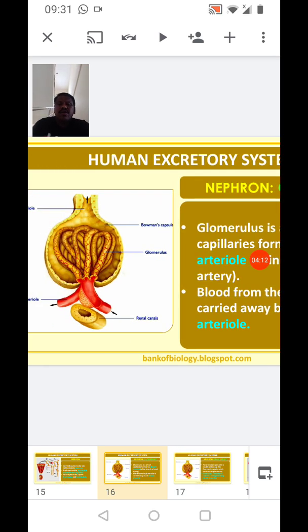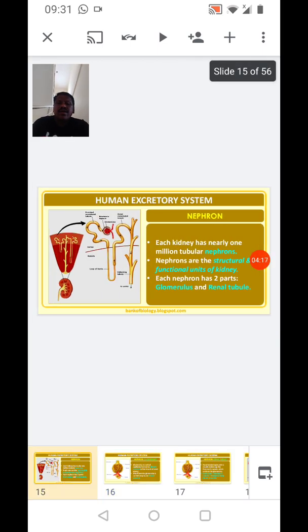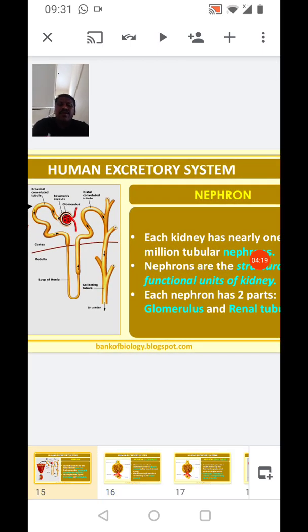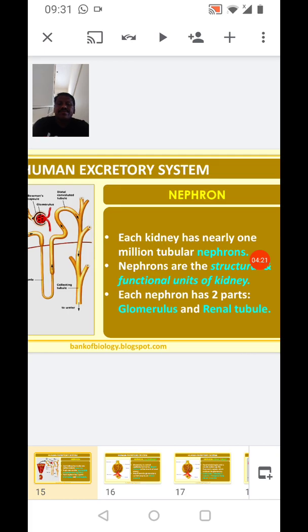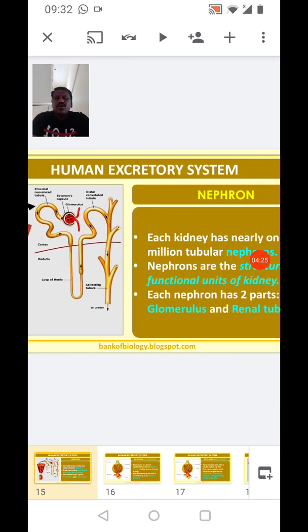Am I saying anything wrong? Here we will go back to the first slide. Actually, each nephron has two parts, as I told you. The first part is renal capsule, okay, not glomerulus. Renal capsule or Malpighian capsule, and the second part of the nephron is renal tubule. Okay.